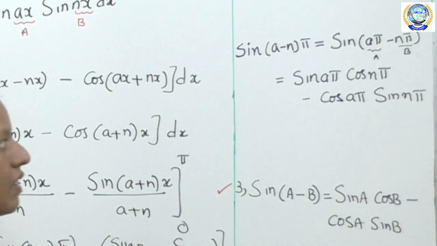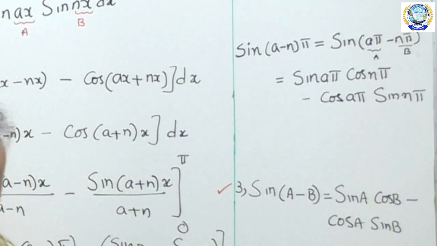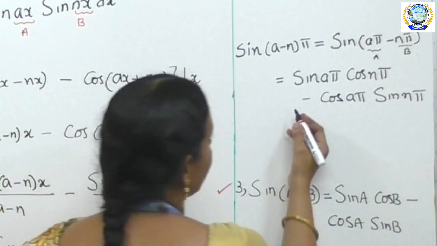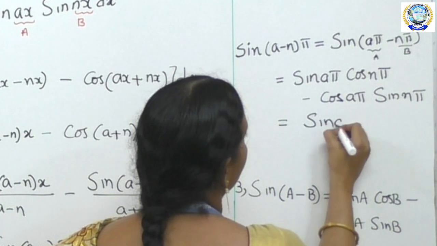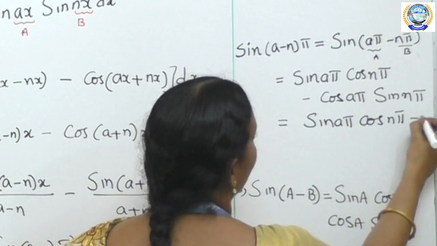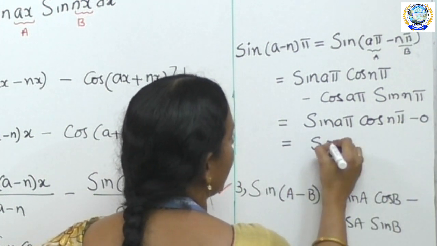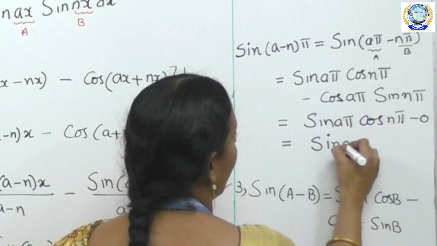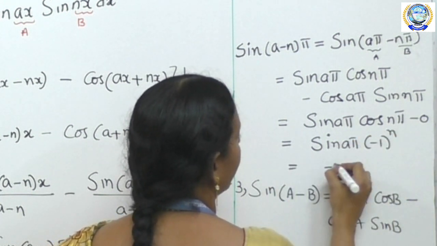As we know that sin n pi equals 0 and what is cos n pi? Minus 1 power n. So, this will be equal to sin a pi into cos n pi minus 0. This equals sin a pi into minus 1 power n.